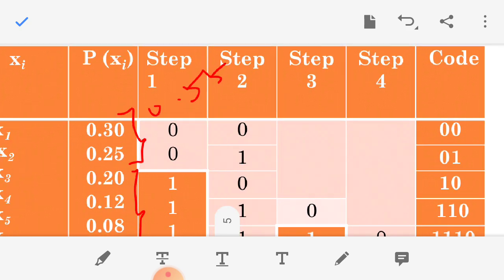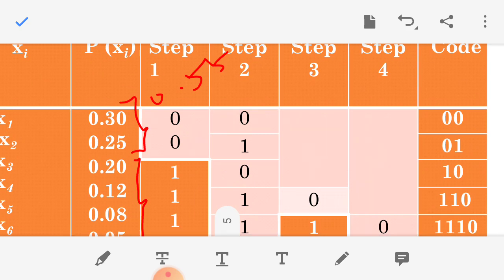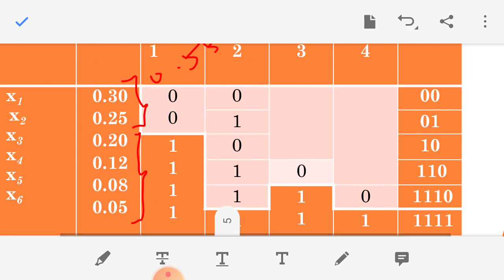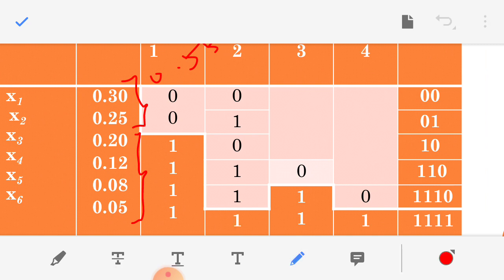In step 2, we again divide each sequence into equally probable sets. Now we divide the upper sequence into 0.30 and 0.20 in one set, and 0.25, 0.12, 0.08 and 0.05 in another set.